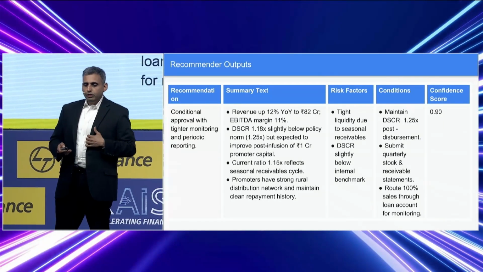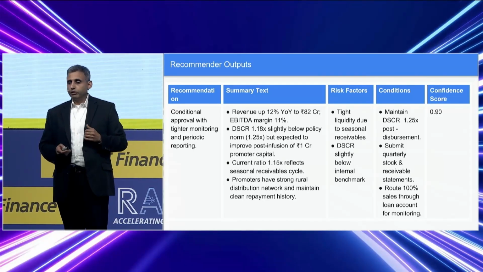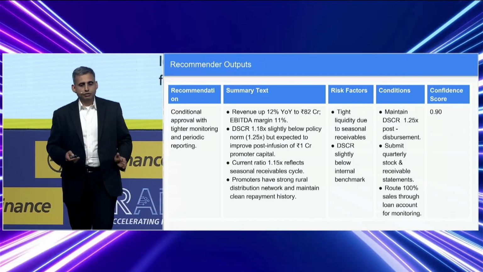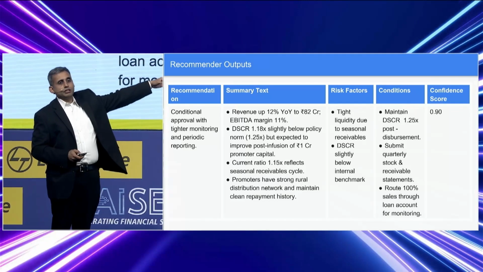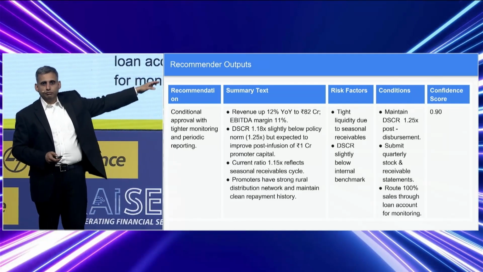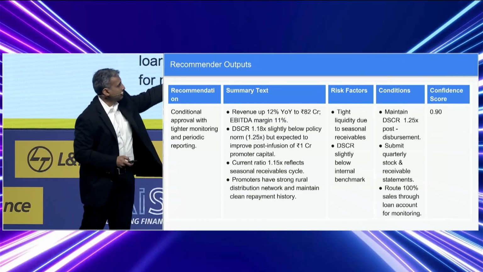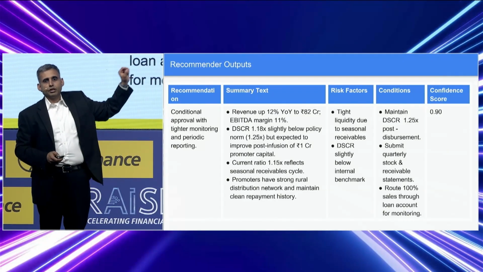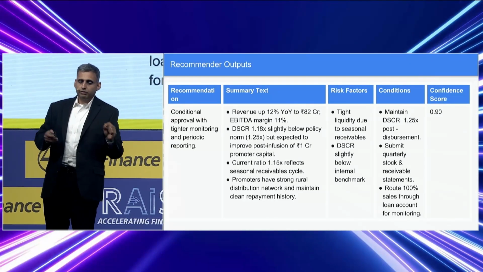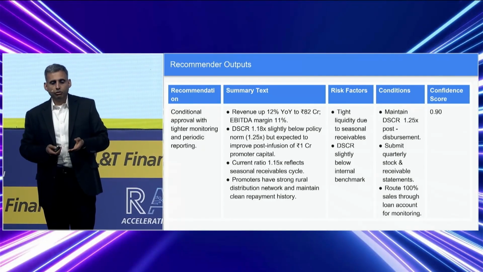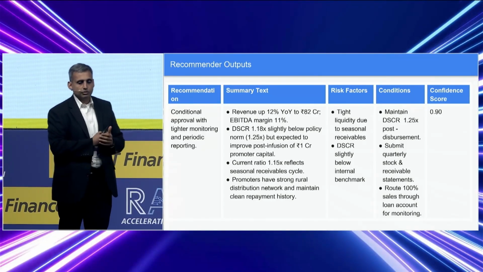I'm going to show you an example of what the recommender output looks like. Okay, this is an example from an application. This example is showing a conditional approval. So the person has been approved with a condition. Look at the summary text. It gives you the insights from this application, like the revenue is up 12% year over year, DSCR is slightly below the policy norm, current ratio exceeds the threshold.